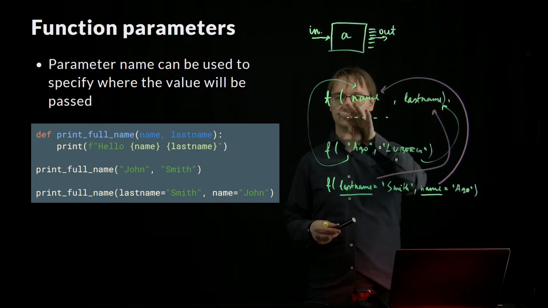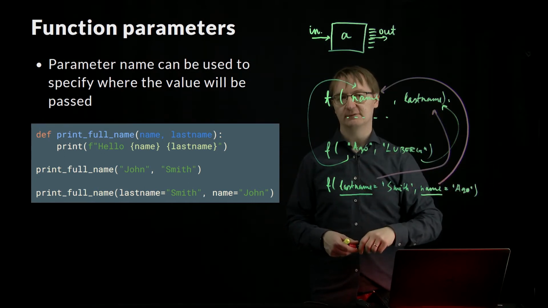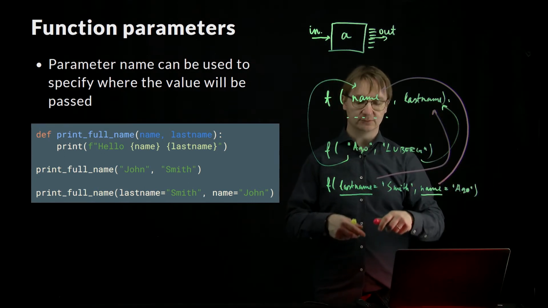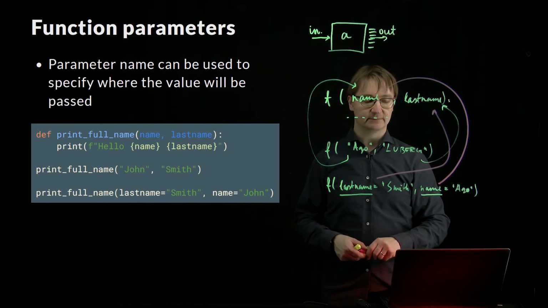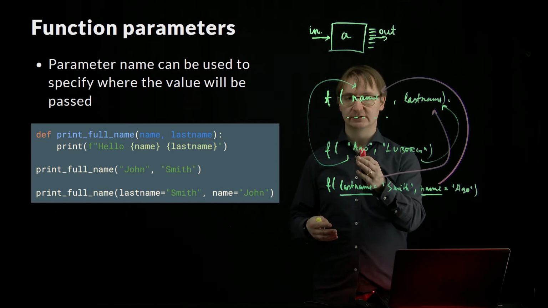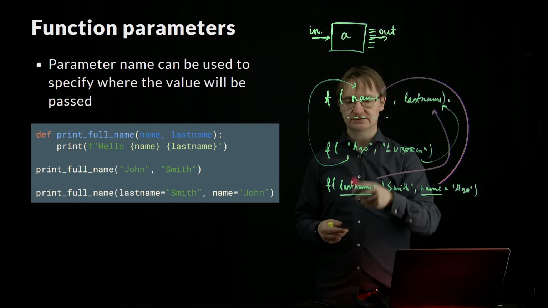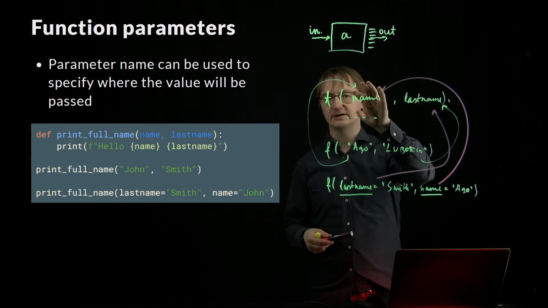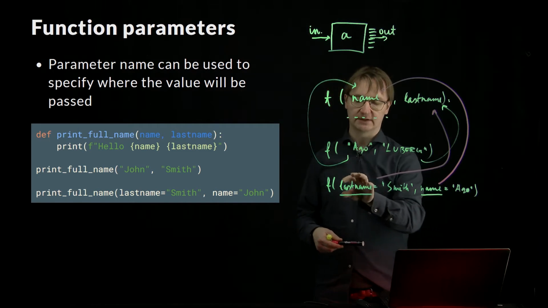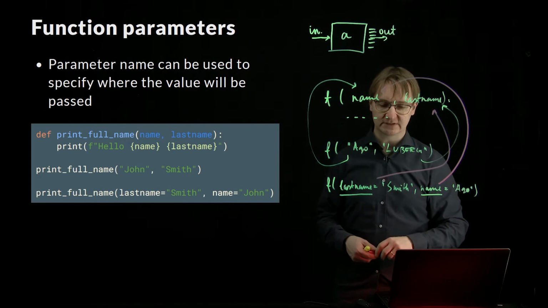So if I have a function with 4 parameters, I have to pass all 4 values when I call this function. And usually if I don't use the parameter names, those are passed by position. So the first value will be the value for the first parameter and so on. But I can mix those up if I use parameter names.